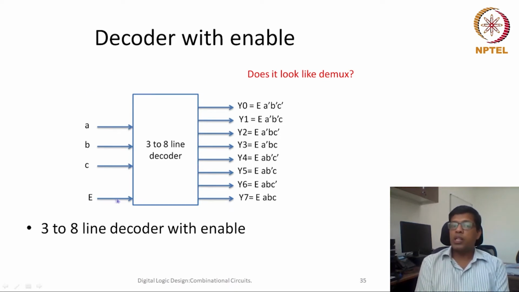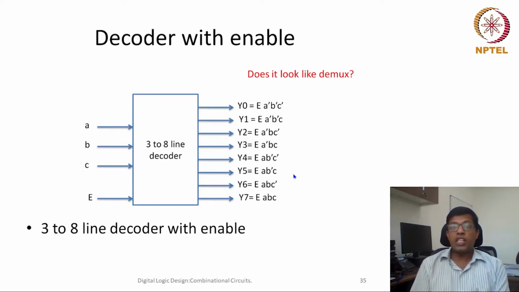Similarly, if this enable input is connected to some other input which I want to demultiplex, then this whole circuit can also work like a demultiplexer. See how different utilities can be formed with the same standard circuit, or same standard combination.